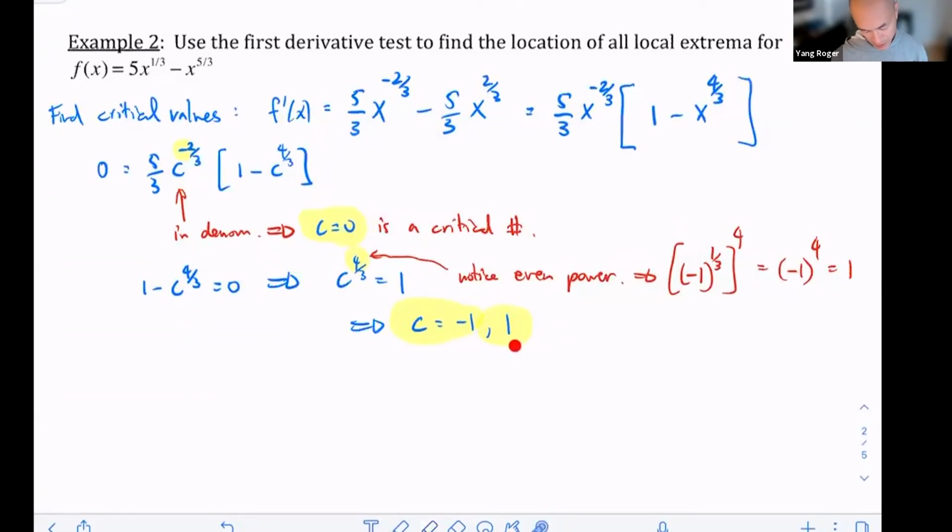I think it should be obvious how you get 1, right? 1 to any power is 1. Does that make sense? So this one should be obvious.